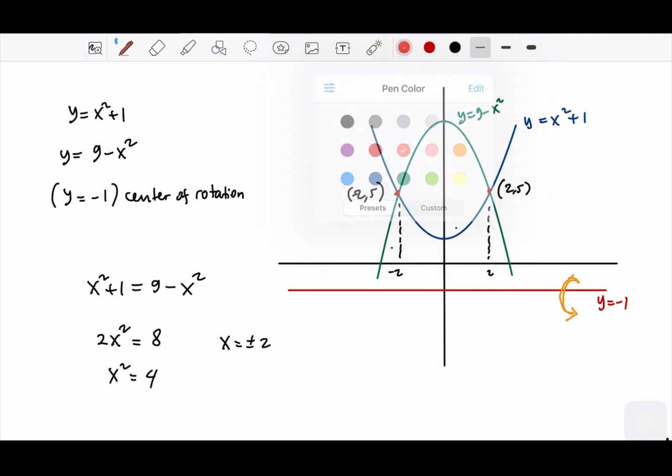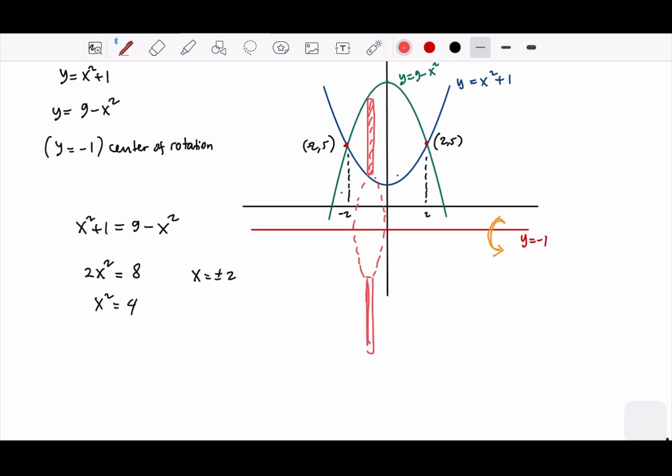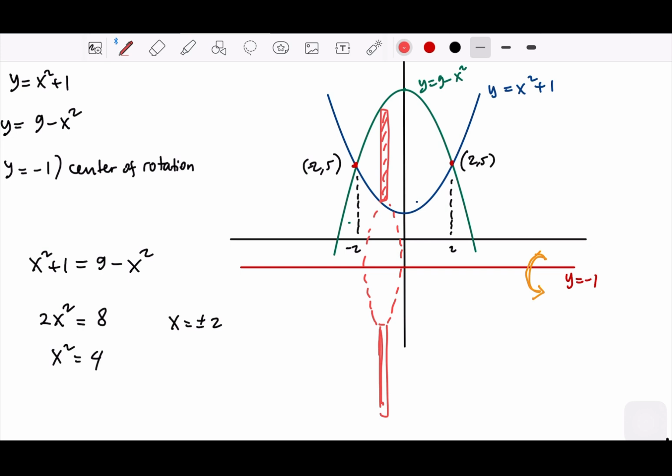So we could take this, and rotate, it's going to be there. Okay, so that's our graph, and we are going to take the dx.